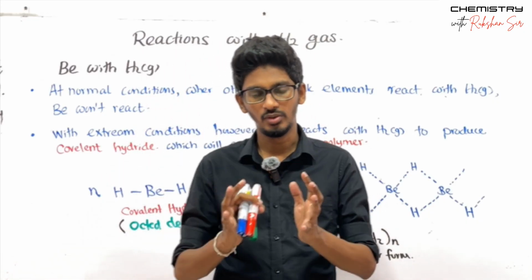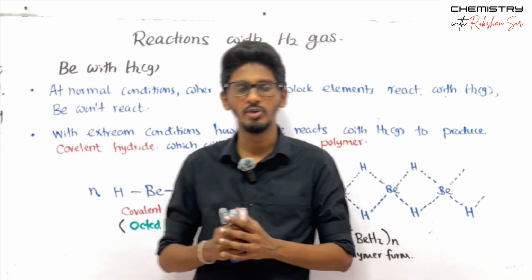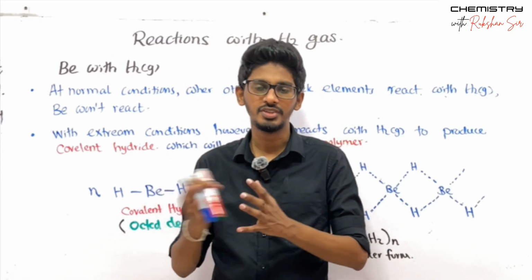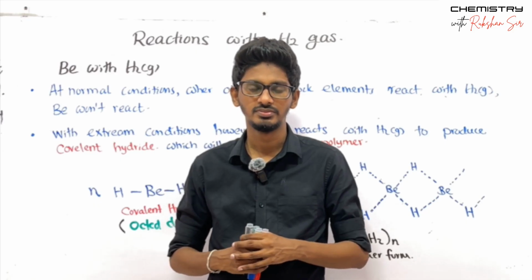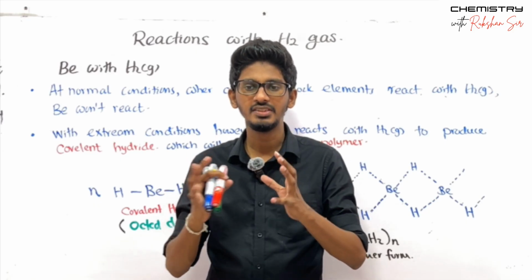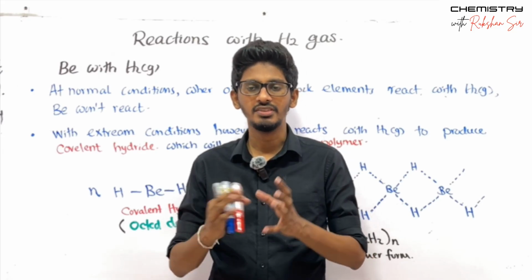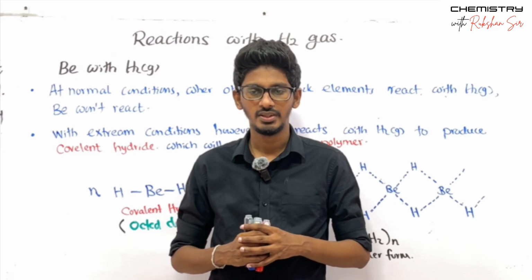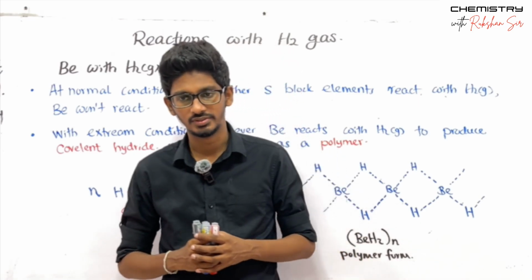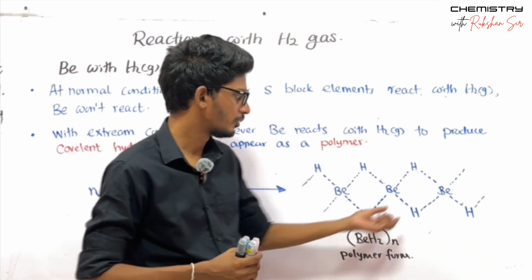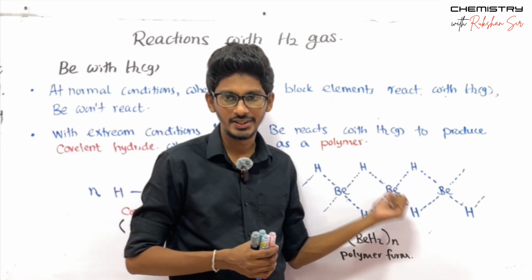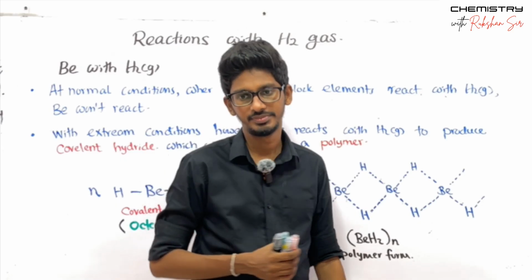Anyway, up to now the bond order was always greater than 1. But this is the first instance where the bond order is less than 1, in between 0 and 1. Here the bond order is 0.5, just 1 electron between the two atoms.